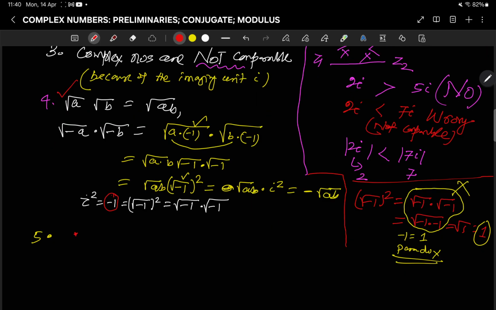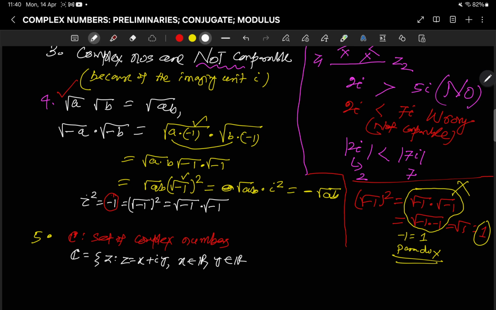Now we can say C is the set of complex numbers. That means I can write C is equal to Z such that Z is equal to X plus iY, X in R, Y in R. This is the set of complex numbers.